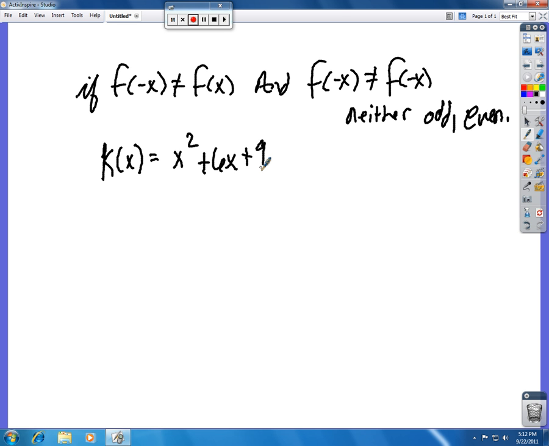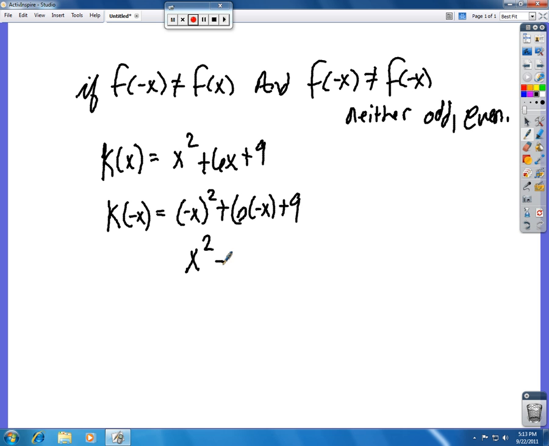Again, all we have to do is just plug in a negative in there. And that's going to look like this. Now we just evaluate. This negative x squared is going to end up being a positive x squared.